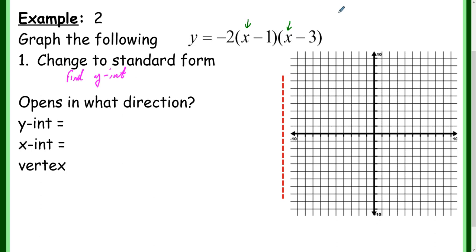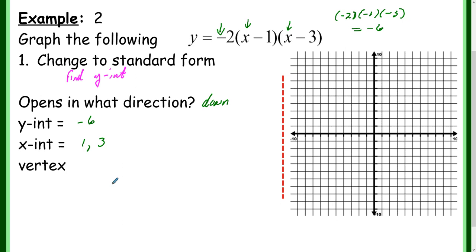So -2 times -1 times -3, which is going to give us -6. So that is our y-intercept of -6. From here, we can identify our x-intercepts, which are going to be 1 and 3. We can identify our direction of opening. This being negative means we're going to open down.